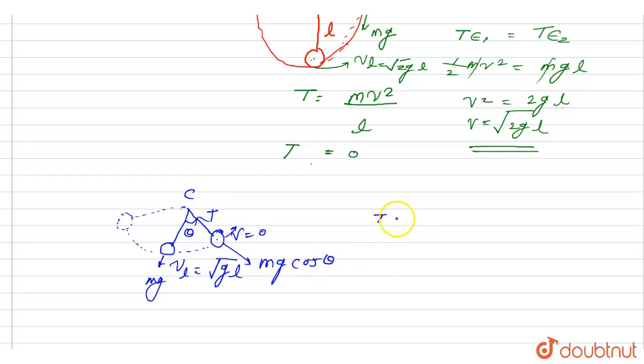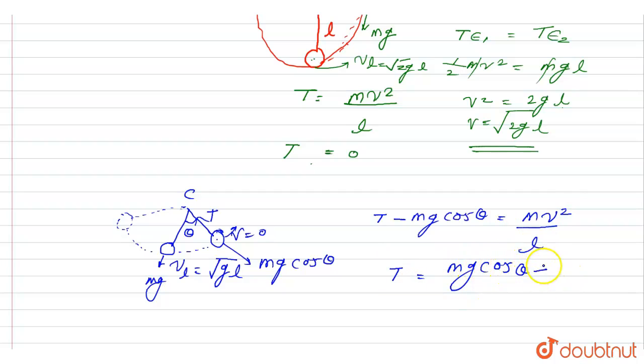From this, T minus mg cos theta equals mv square by L. So T equals mg cos theta plus mv square by L. From this equation, if the highest velocity V equals 0, then T equals mg cos theta.